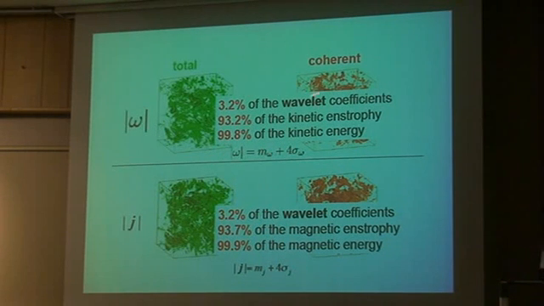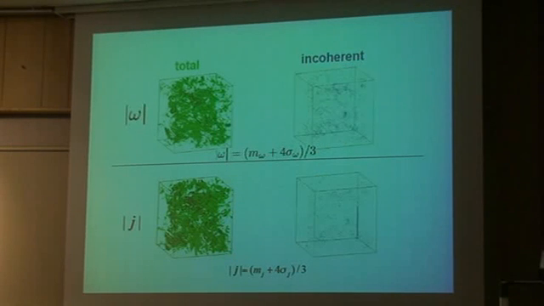So with only 3% of the coefficients, you get about all the kinetic energy. For current density it's even better, because with 3.2% of the coefficients, we get about 94% of the magnetic enstrophy and 99.9% of the magnetic energy. So very few coefficients are enough.